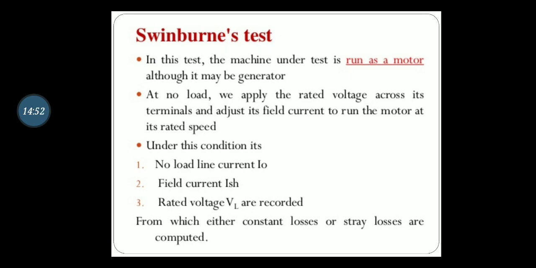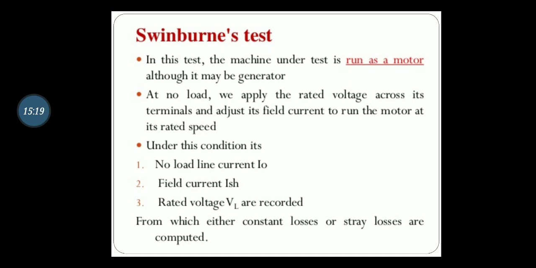The iron and friction losses are determined by measuring the input to the machine on no load, the machine being run as a motor at normal voltage and speed. The copper losses are calculated from measured values of the various resistances. The method may be applied to level compound generators and to shunt motors.